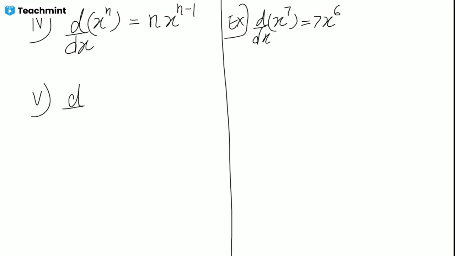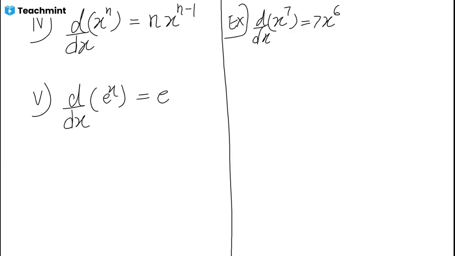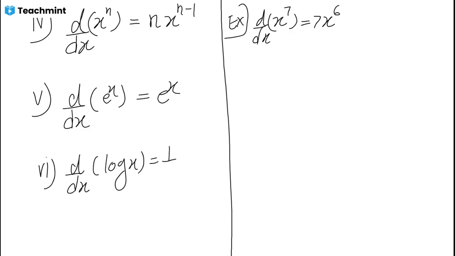And the derivative of e to the power x, the exponential function, will be the same, e to the power x. And next, the derivative of log x will be 1 upon x. And the derivative of a to the power x, where a is a constant, will be a to the power x into log a.